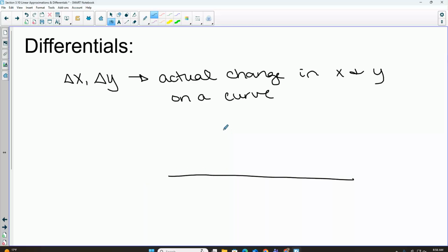So if I have some curve and I'm looking from 2 points, okay, the actual amount the x changes and the y changes. That's my change in x and change in y.